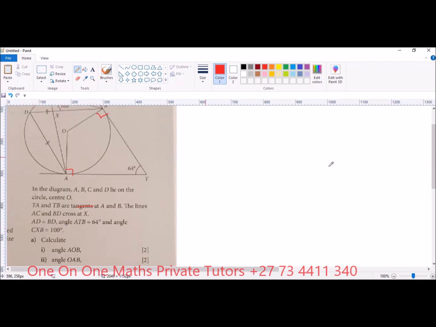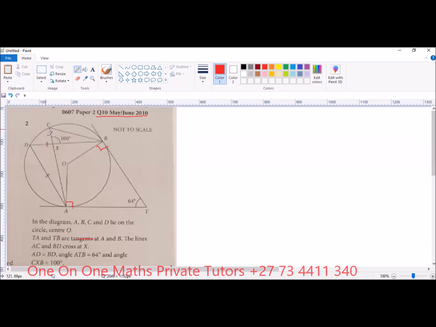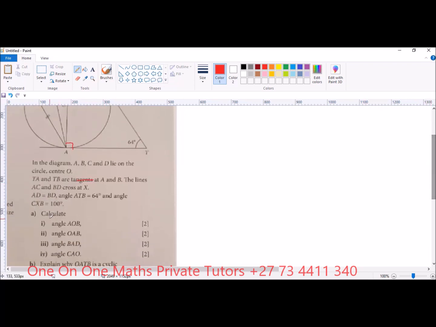CXB is 100 degrees. When I look at this, I'm seeing opposite angles, angles on a straight line. I'm sure that those are some of the things we will use as we carry on with this question. So, calculate angle AOB.